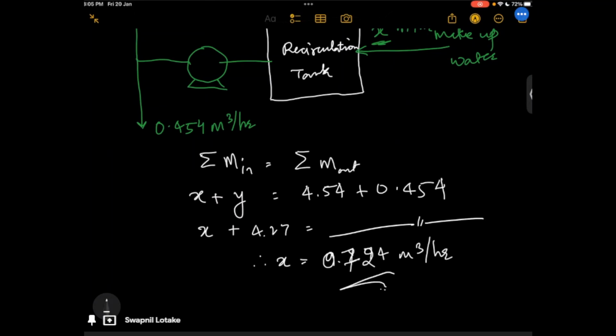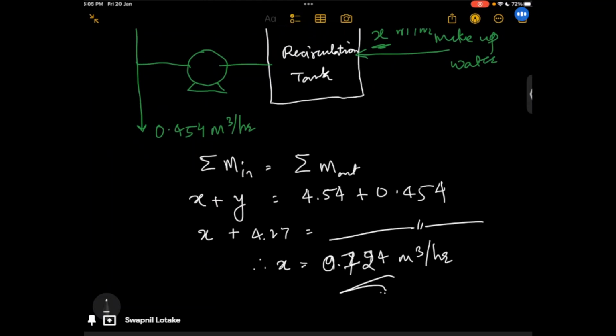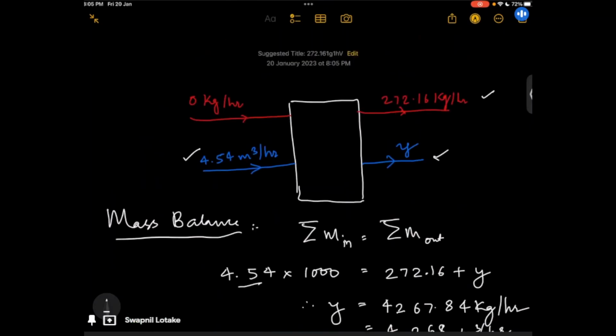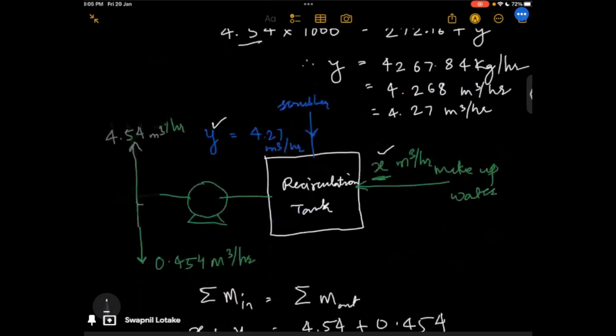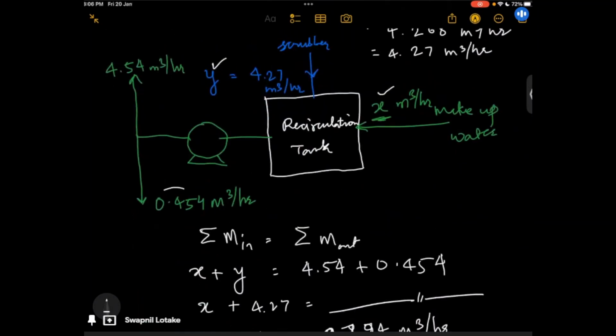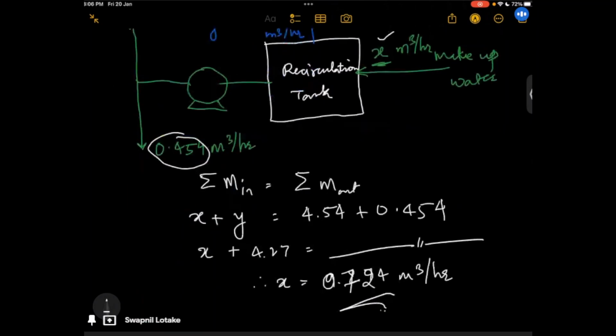So one thing to notice here is that the actual value will always be this plus this, because these two water streams are going out from the whole system.